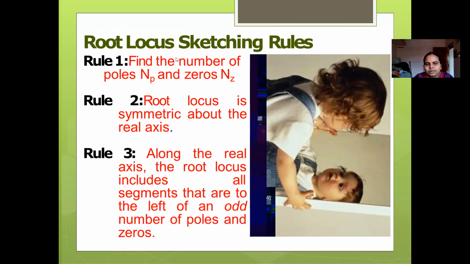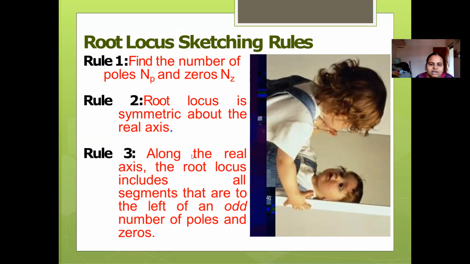Then there are some rules we will follow when finding a root locus. The first one: for any given closed loop or open loop system, first you have to consider the open loop equation. Then after that, find the number of zeros and poles of that equation. That is the first rule. Then the second rule is that the root locus is symmetric about the real axis, which you have to find out.